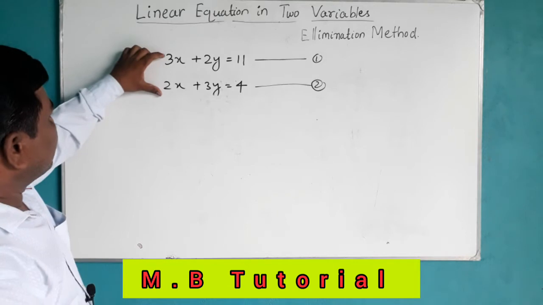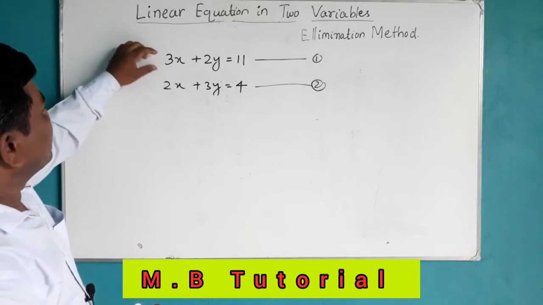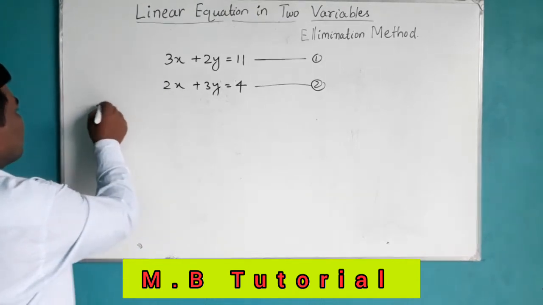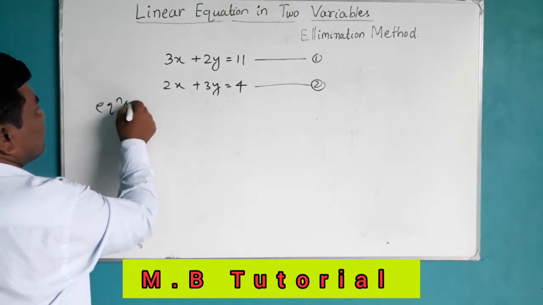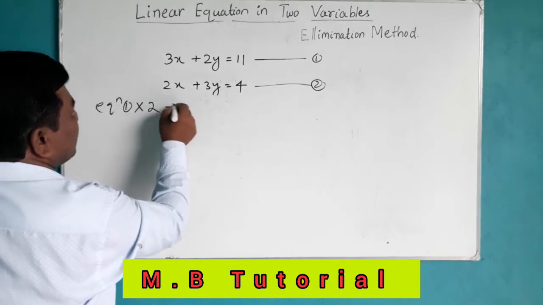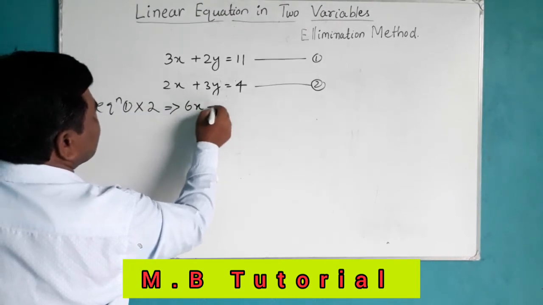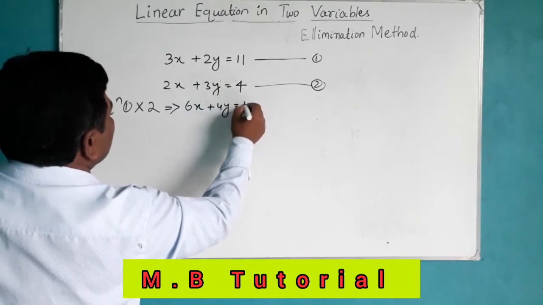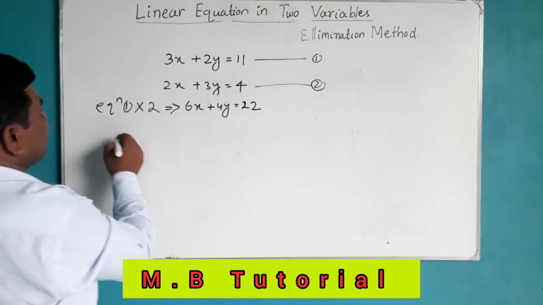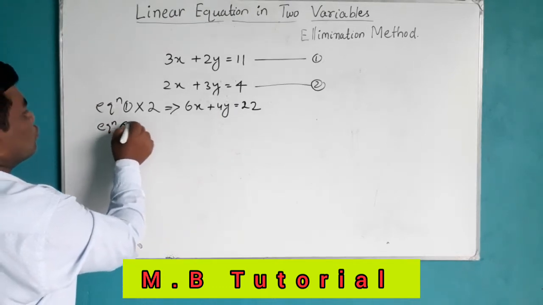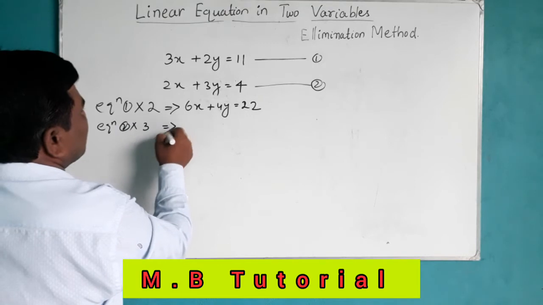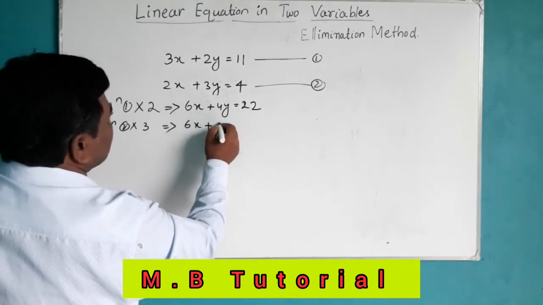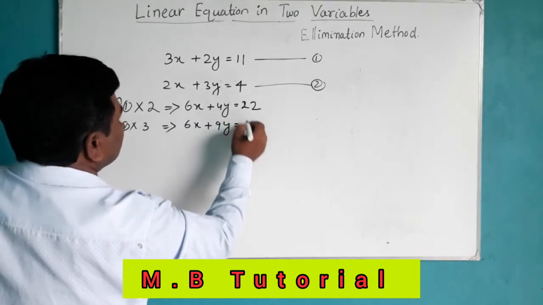To make both equal, we need to multiply here by 2 and here by 3. So equation 1 multiplied by 2 gives 6x plus 4y equal to 22. Similarly, equation 2 multiplied by 3 gives 6x plus 9y equal to 12.